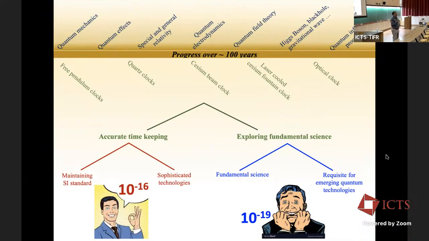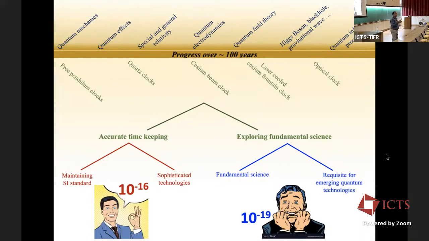But if I want to use this optical clock as a sensor, say for sensing gravitational waves or dark matter, I'm not going into detail, even 10 to the power minus 19 is not enough. We need an even better clock.